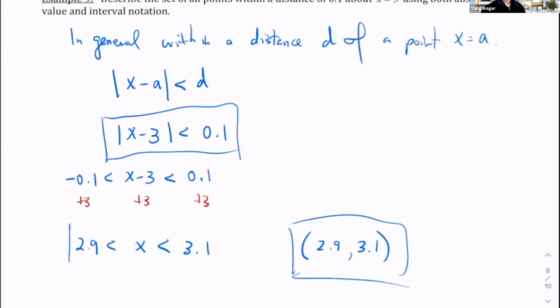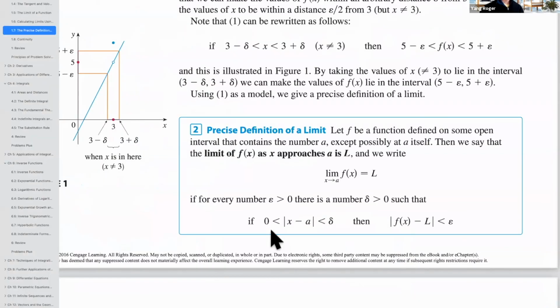On your screen right here is this thing called the precise definition of a limit. And ideally, I need to teach you this. I'm worried we're going to run out of time, so I usually move this topic to the end of the course. But I want to highlight one part here.